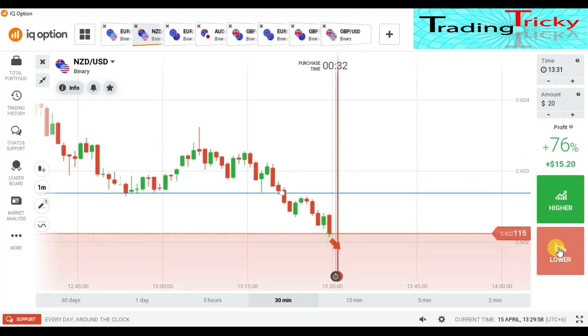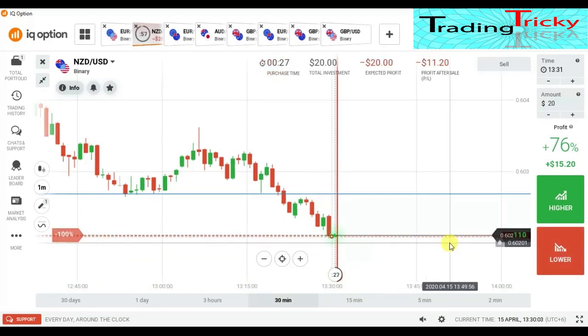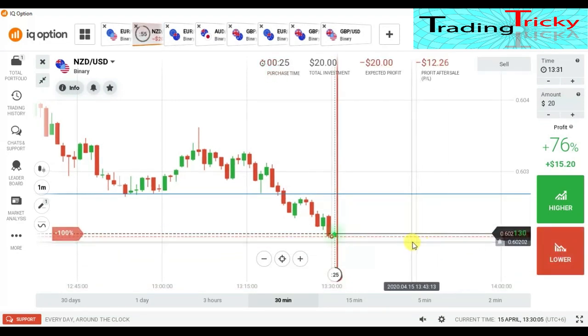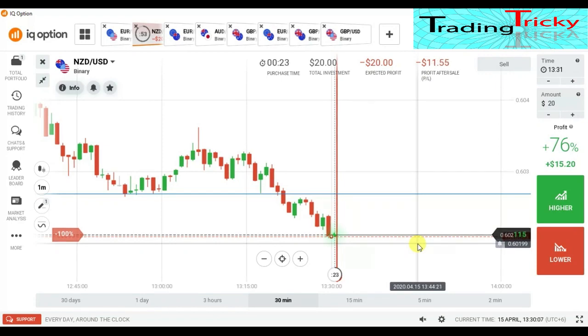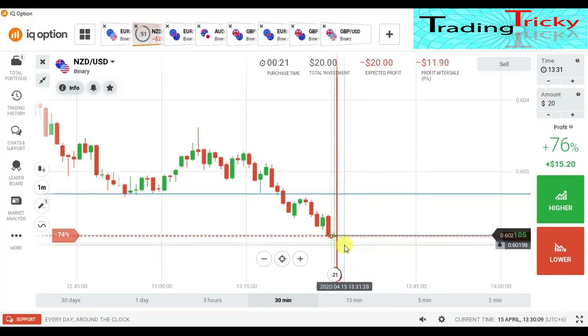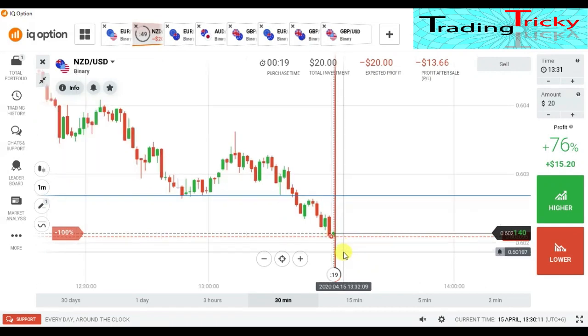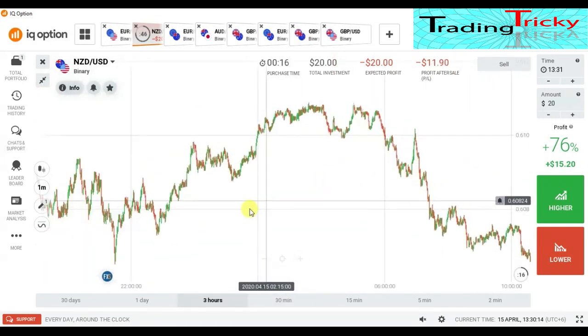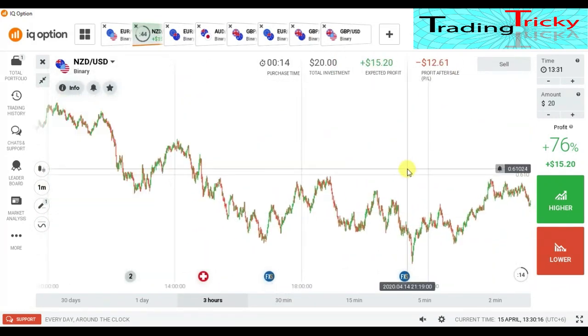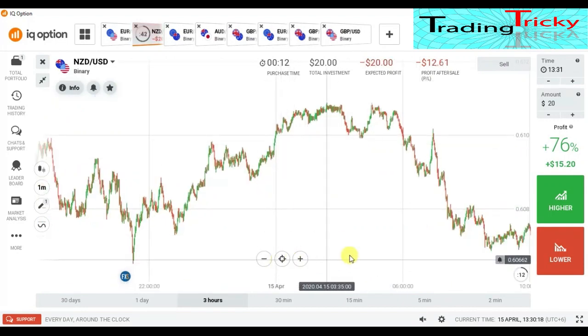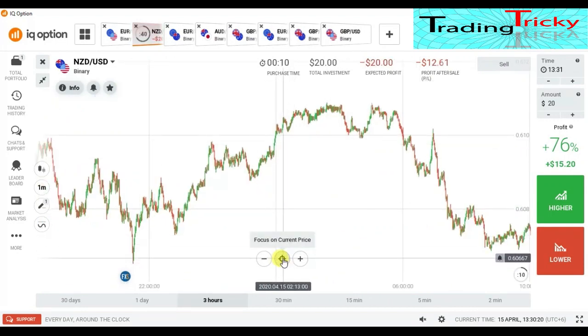I'm going to place a sell trade because there is a round number here. So the market should respect this round number, I think. Okay, let's wait for the result.